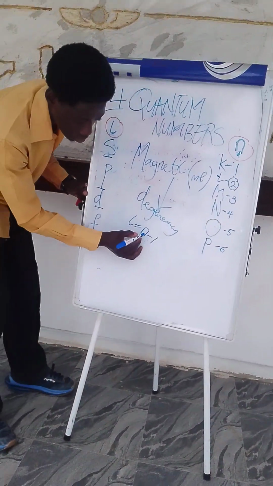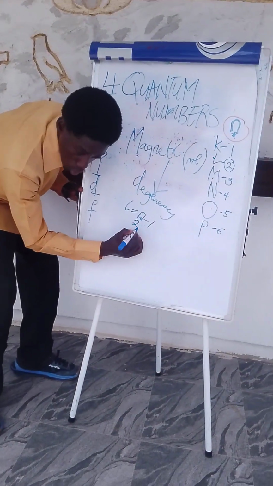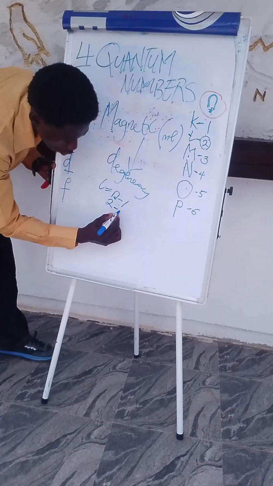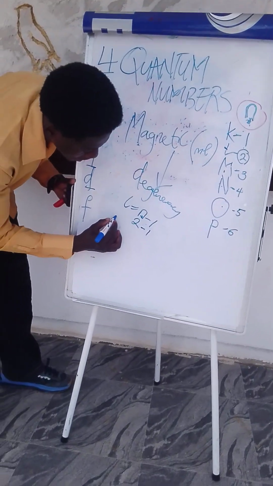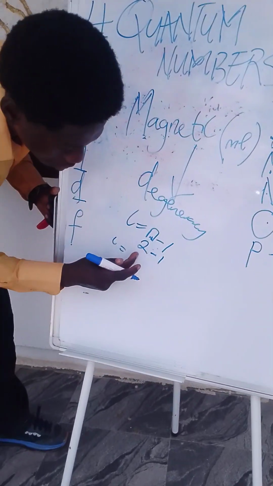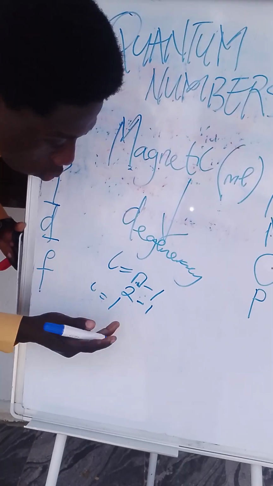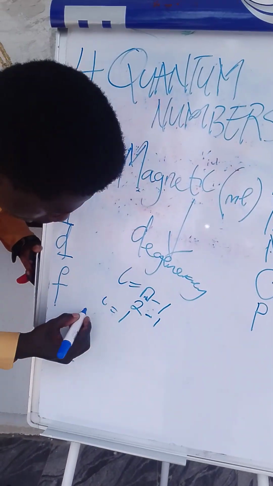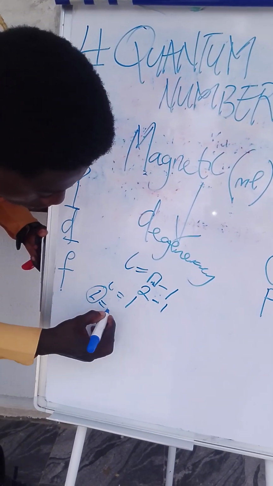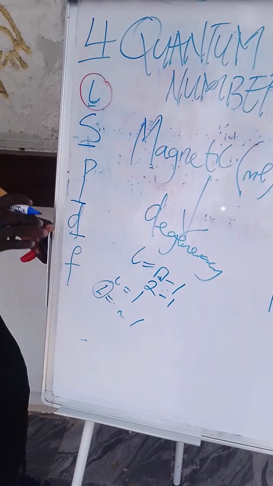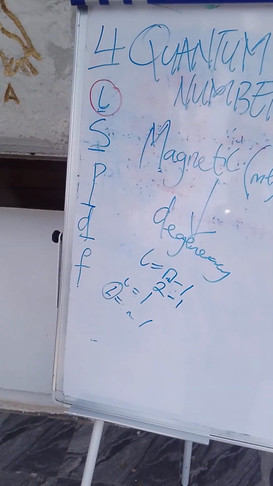That means your N is 2. Alright, 2 minus 1. That means your magnetic is given as 2 minus 1, which is 1. So your L shell has magnetic of 1. I think that's that about magnetic.